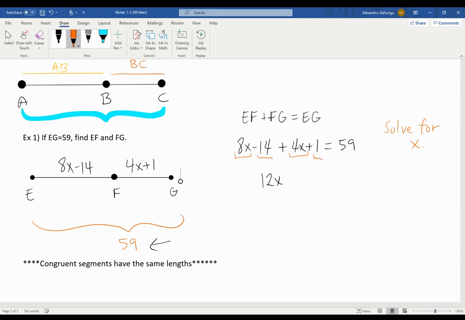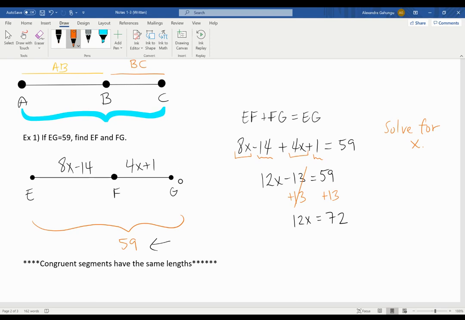Other like terms we're going to combine, negative 14 and 1, we get minus 13 equals 59. Now to move something to the other side of the equal sign, I see that 13. I use the inverse operation, so I add instead of subtracting, so I can cancel out that 13. And I get 12x is equal to 72.